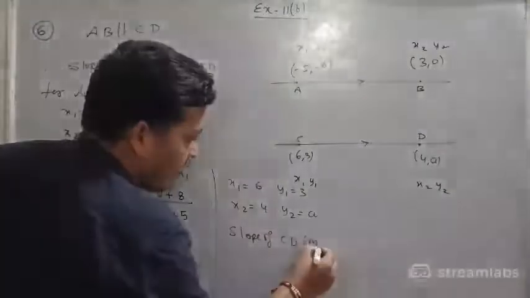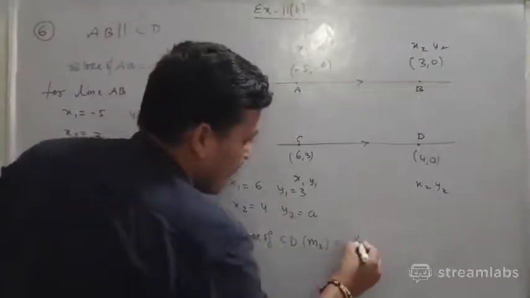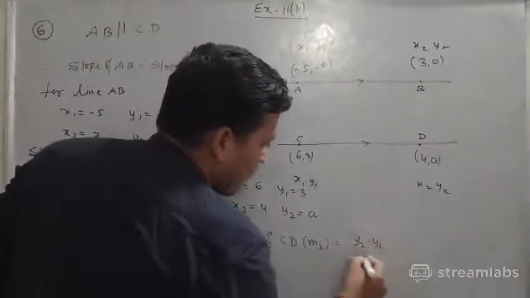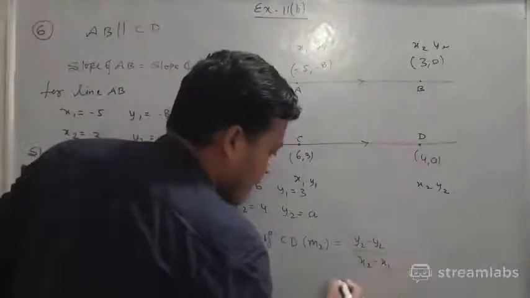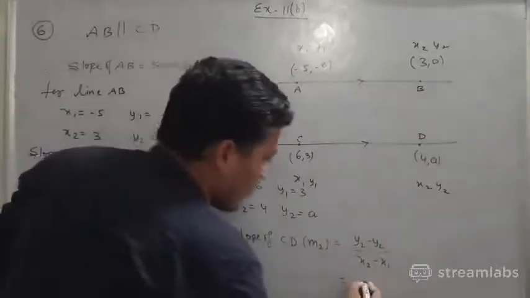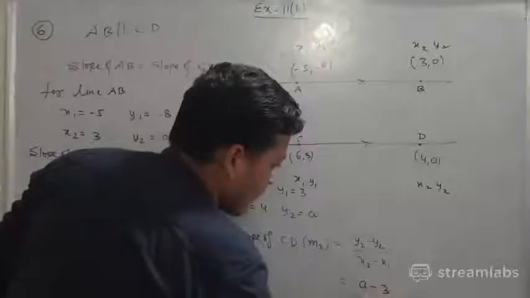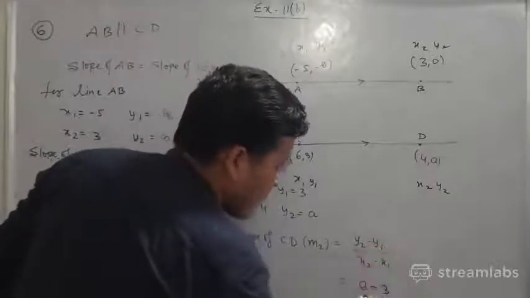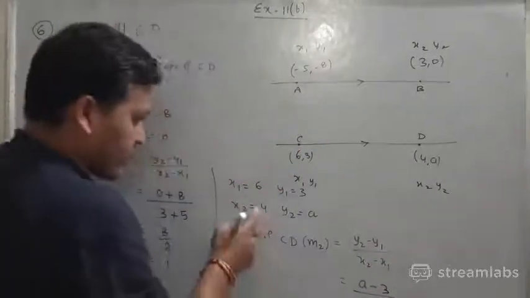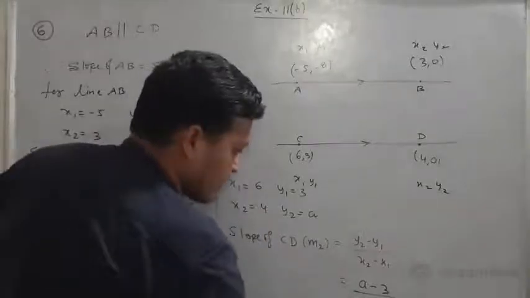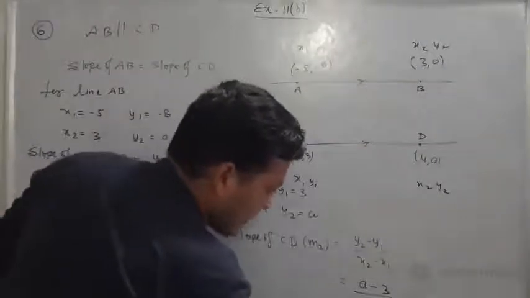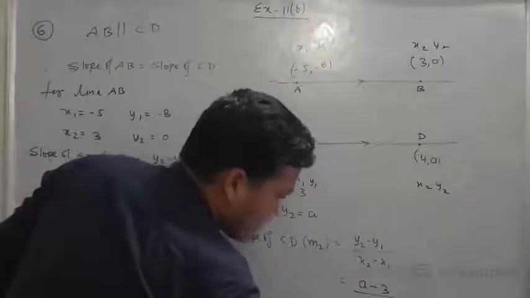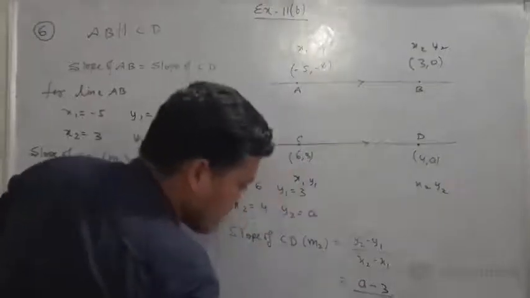It is denoted by m2, equal to y2 minus y1 upon x2 minus x1. Substituting the values, y2 is a minus y1 which is 3, upon x2 which is 4 minus x1 which is 6. When we solve it, this becomes a minus 3 upon 4 minus 6, which is minus 2. So this is the value of m2.